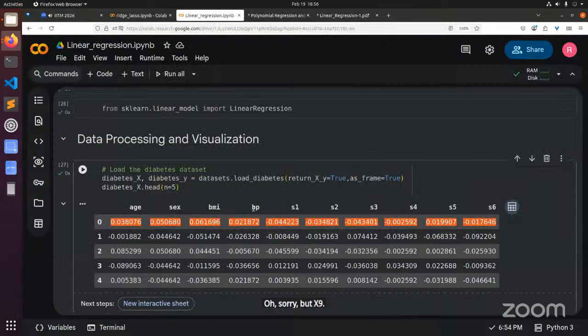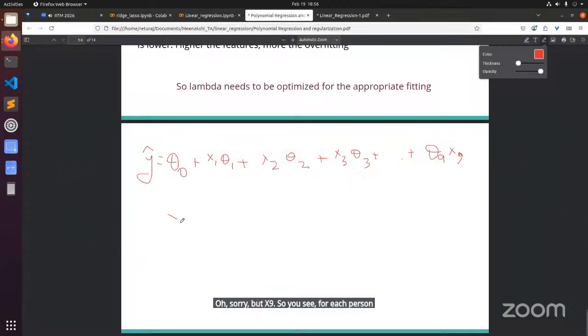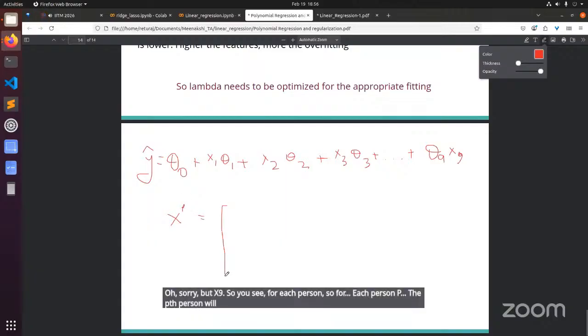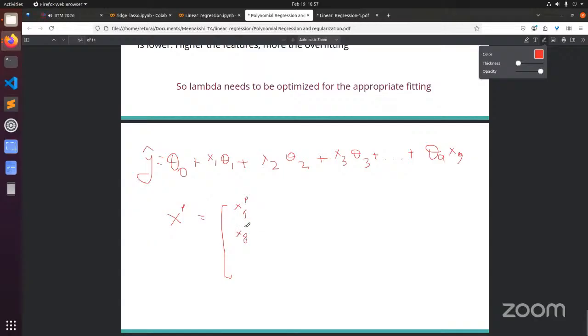So for each person, the pth person will have 9 different values. So you have x9 for the pth person, x8 for the pth person, and similarly x1 for the pth person and 1.